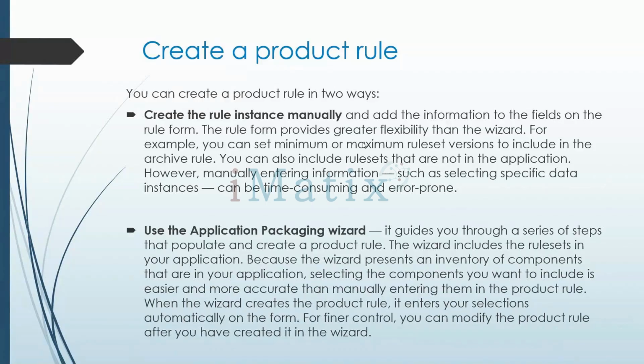Manual creation is more feasible when I have a limited number of rules, more in the case of bug fixes or issues. At the same time, it might be time consuming if you start using it when you have a large number of rules. The best possible scenario for manual product rule creation is for bug fixes and issues, or when you have a limited number of rules.